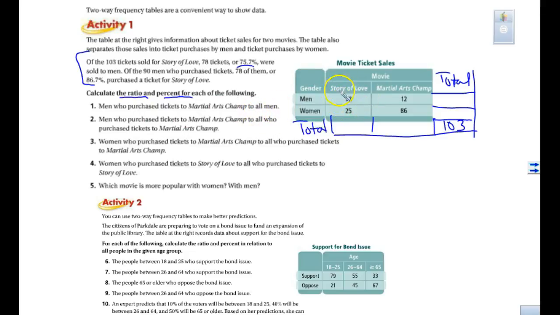So men that purchased the tickets, 12, to all men. You need this total, right? You have to compute this total so that when you figure out question number 1, you are taking 12 and dividing it by the total over here, not the total out of 103, right?